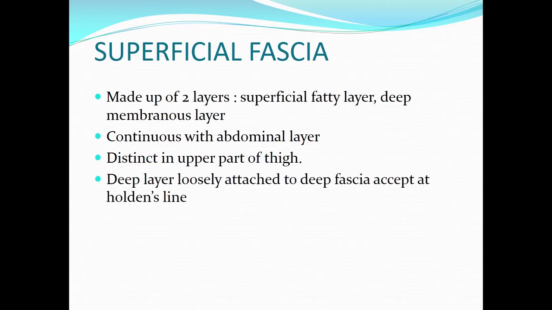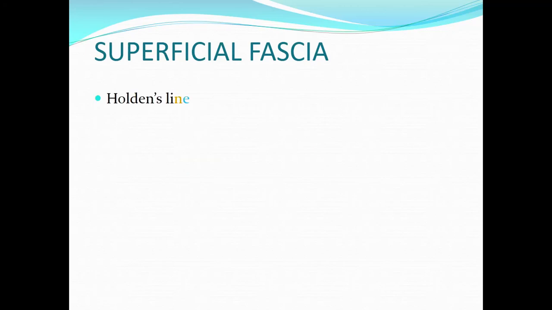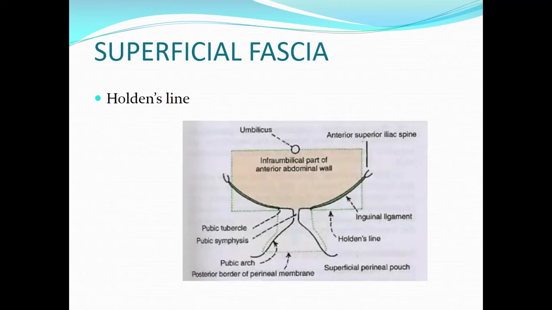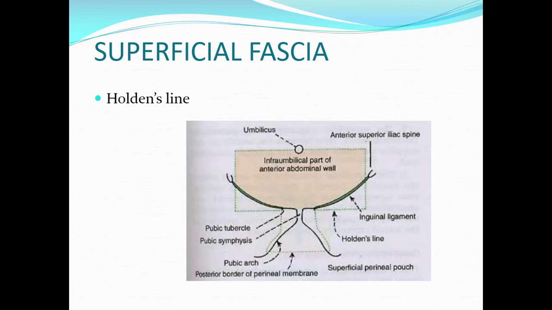Deep layer of superficial fascia is loosely attached to the deep fascia except along a line known as Holden's line. So what is Holden's line? This green horizontal line is Holden's line.